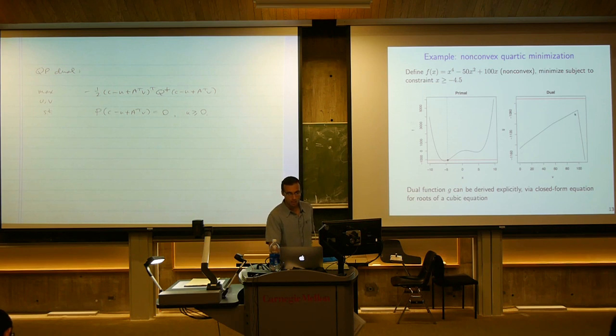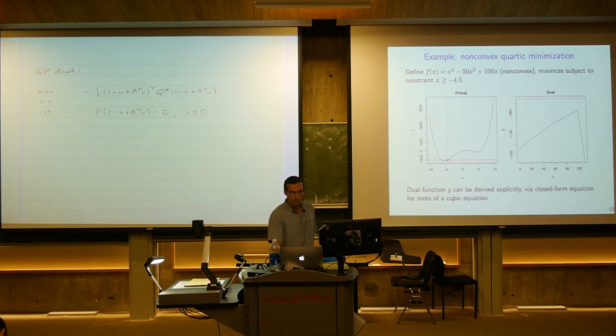This is what it looks like, and you can see there's a gap. But what we notice is that this is actually concave. Even though the primal is non-convex, the dual function is concave. And not to digress too much, but it looks very close to piecewise linear. That's also a somewhat general phenomenon for non-convex primals: the dual function is concave, and it looks close to piecewise linear.